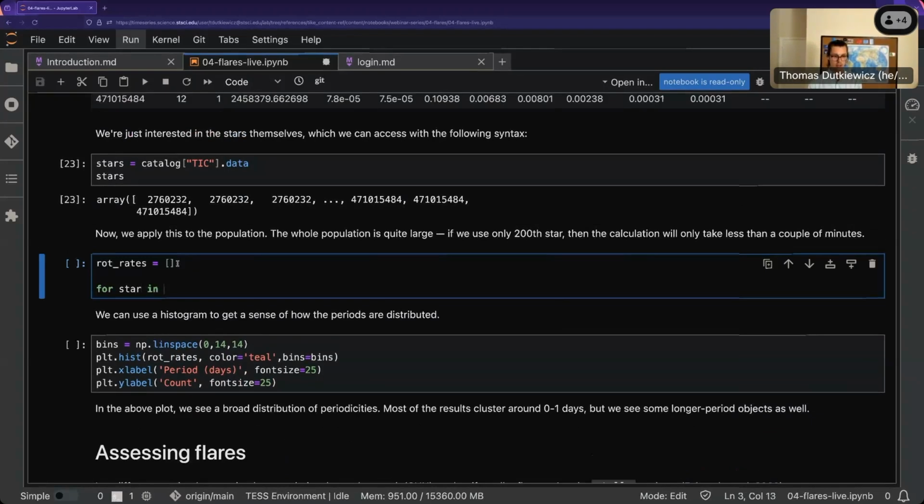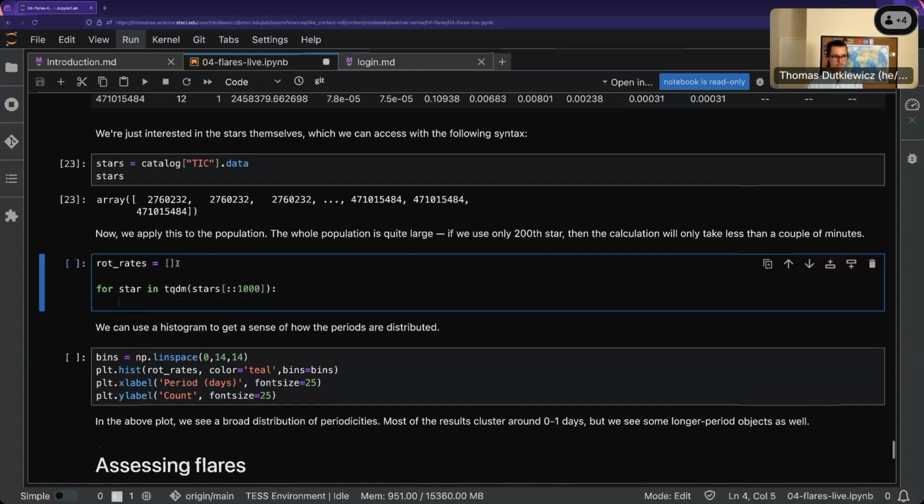For star in, somebody suggested last time this package, and indeed we use it in this notebook, TQDM, which will make a nice little progress bar for us as we go through stars. Now, I know I say every 200th star up there, but it's going to take a while if we do every 200th, so I'm actually going to write 1,000 here, because that will get us a quick answer, and we are ever so slightly pressed for time.